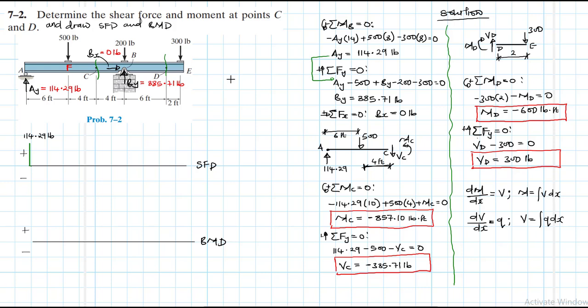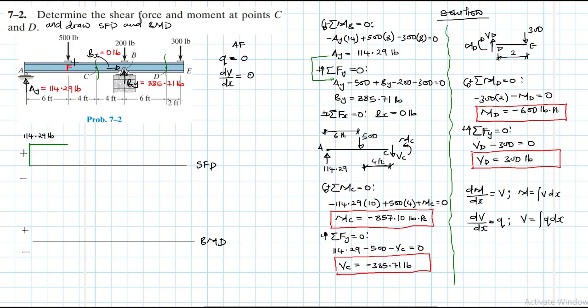And because from A to F, q is equal to 0, which means we don't have any distributed force, the slope of our shear diagram is going to be 0. So it will just be a straight line like that. That line has a 0 slope, up to there.